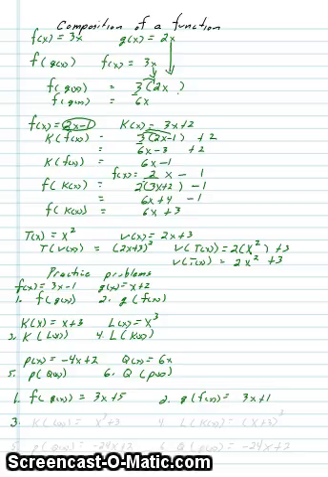Problem 3 is k of L of x. The answer is 3x plus 3. Problem number 4, L of k of x is x plus 3 to the third power.